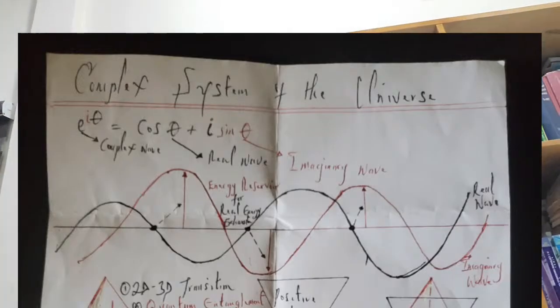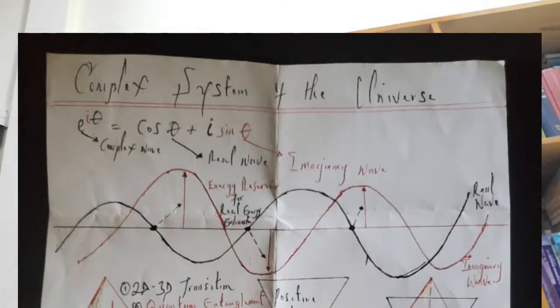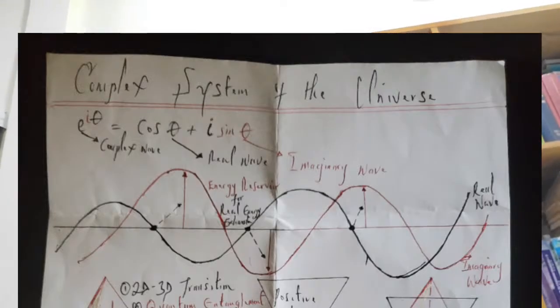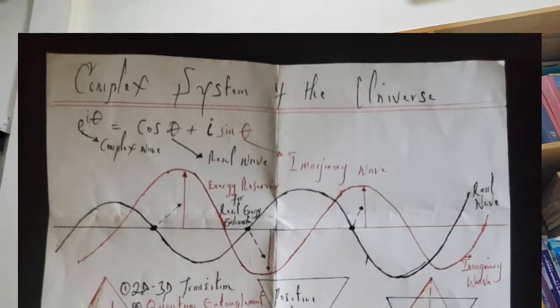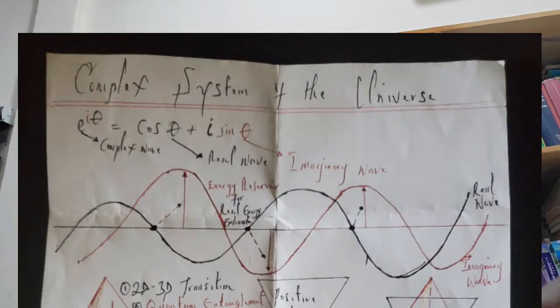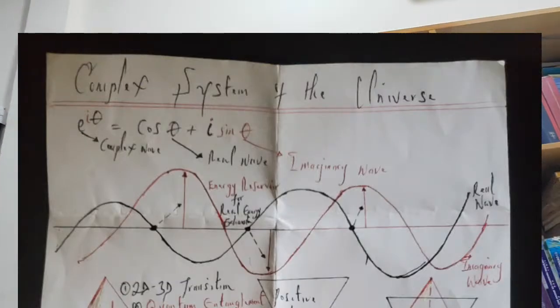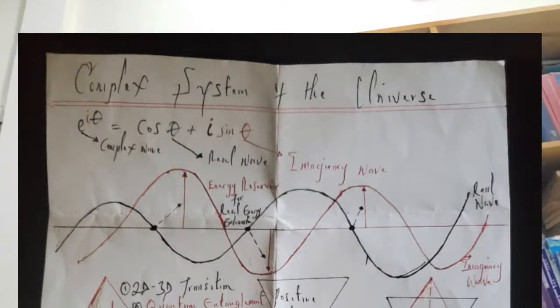When you look at it towards the right, you can see that when the black wave pattern reaches the central point, the imaginary wave is at its maximum energy. With that, I now say that the imaginary wave is an energy reservoir for real energy at the point of exhaustion.